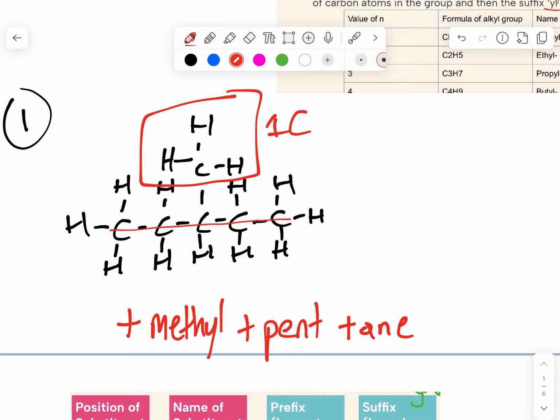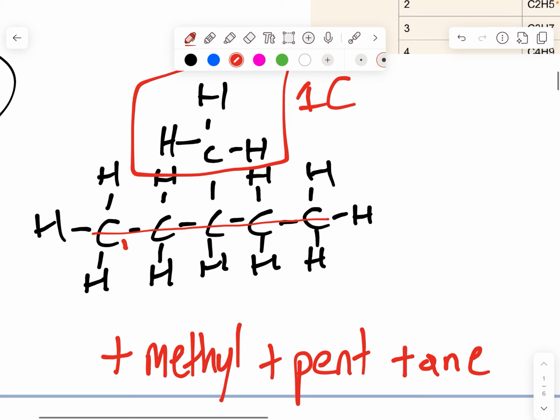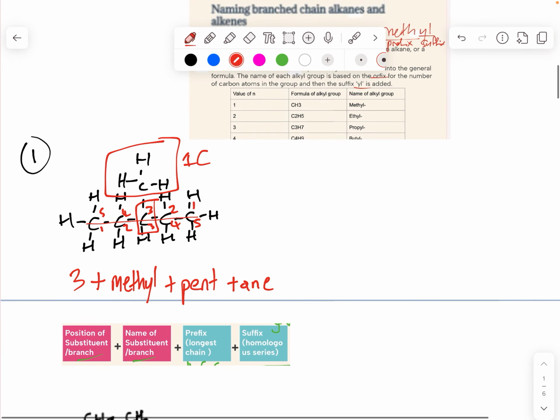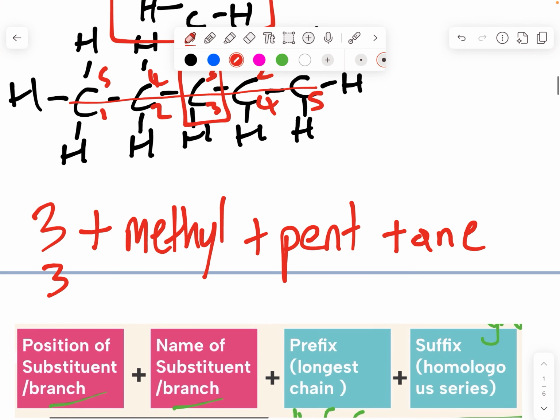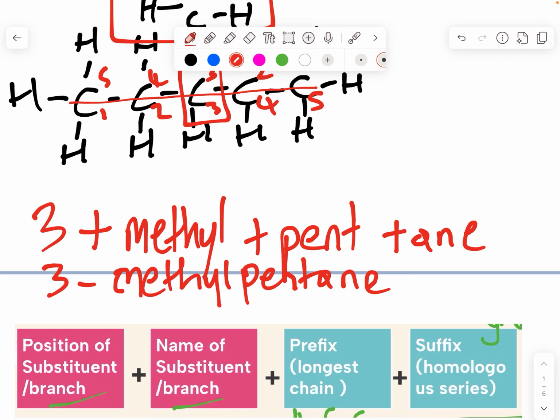Next, we need to identify the position of this. I'm going to go 1, 2, 3, 4, 5. If I go the other way, 1, 2, 3, 4, 5. No matter which way we take it, the lowest number for this alkyl group is 3. So the name is going to be 3-methylpentane. That's the name of this compound.